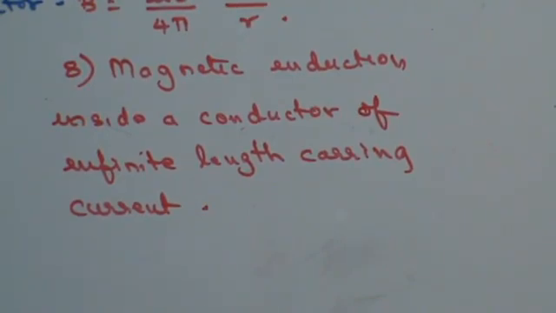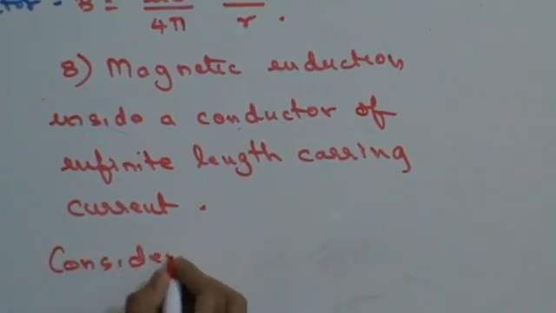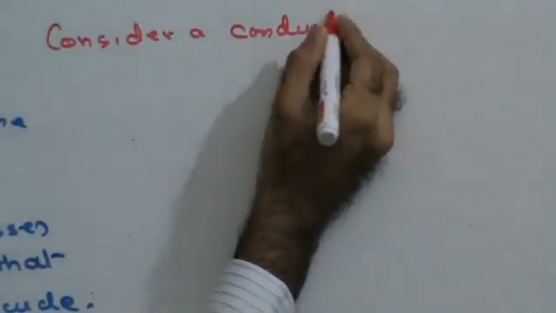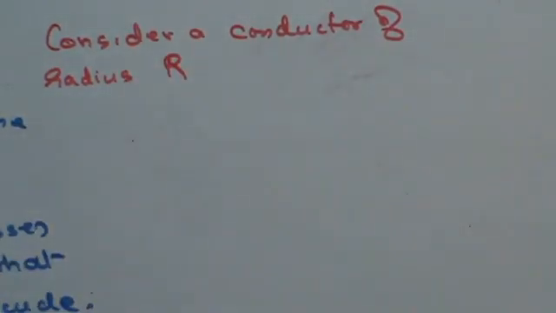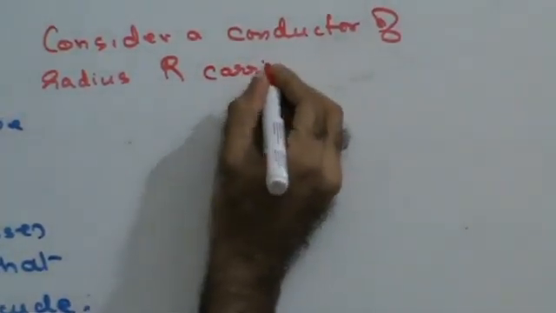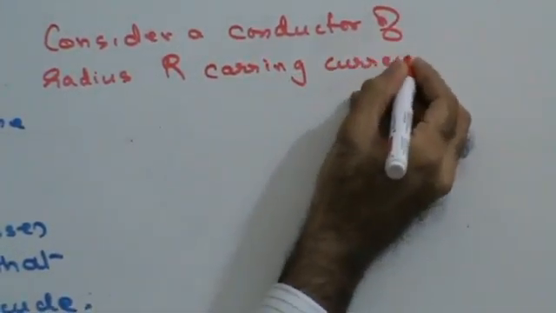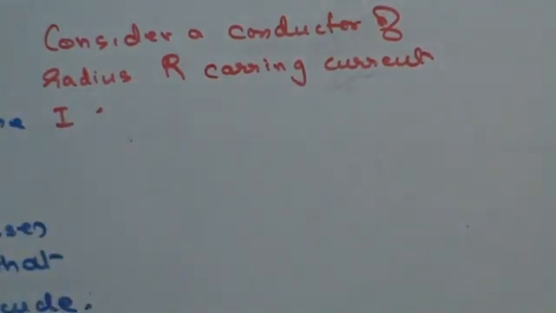Now, inside. In that case, let us consider a conductor of radius r carrying current I. In which case, I can say that the magnetic field B depends upon the distance of the point from the axis of the wire.